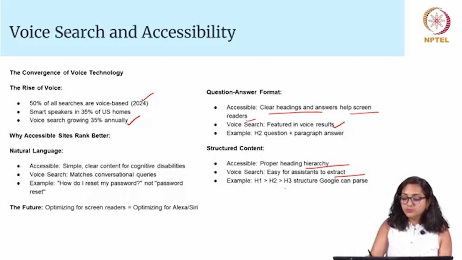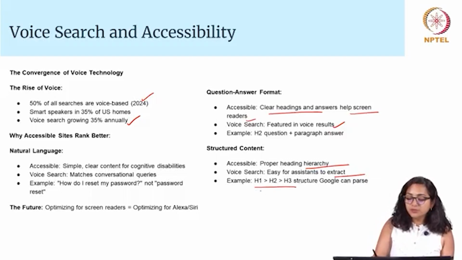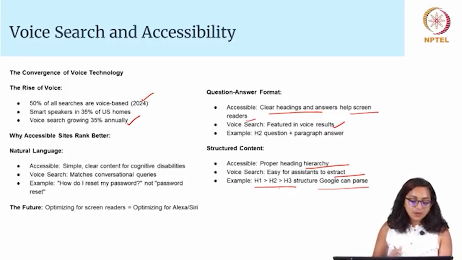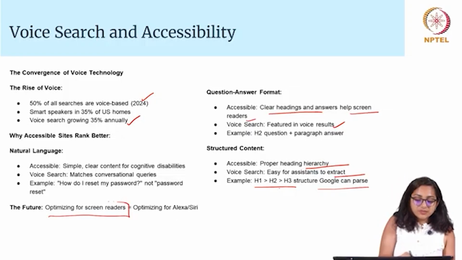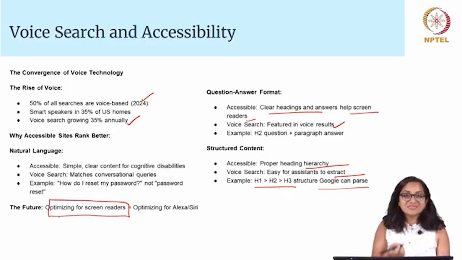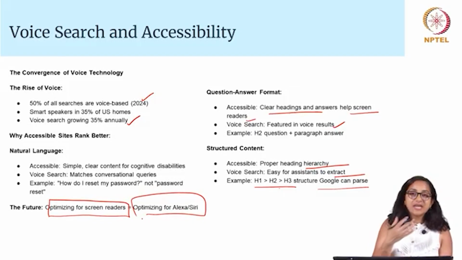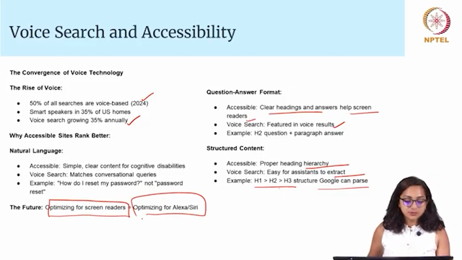So for example, if you have a proper heading 1, heading 2, heading 3 structure, Google can parse it easily. So optimizing for screen readers is automatically going to optimize it for Alexa/Siri voice based search, and thus it will also increase your SEO rankings.